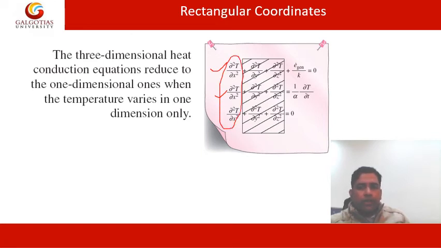In our earlier derivation, we did not consider the x direction, y direction and z direction together; we only considered the x direction. The one-dimensional heat conduction equations can be derived from this three-dimensional general heat conduction equation.